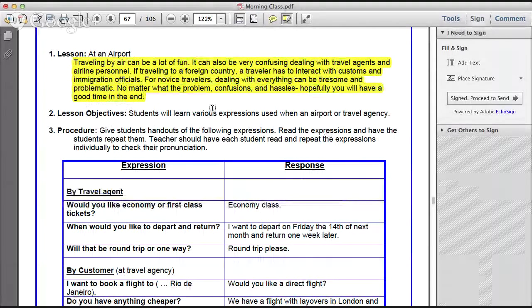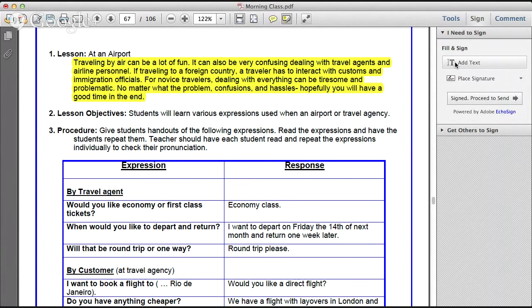Osama, please read this paragraph if you could. Traveling by air can be a lot of fun. It can also be very confusing dealing with travel agents and airline personnel. If traveling to a foreign country, a traveler has to interact with customs and immigration officials.